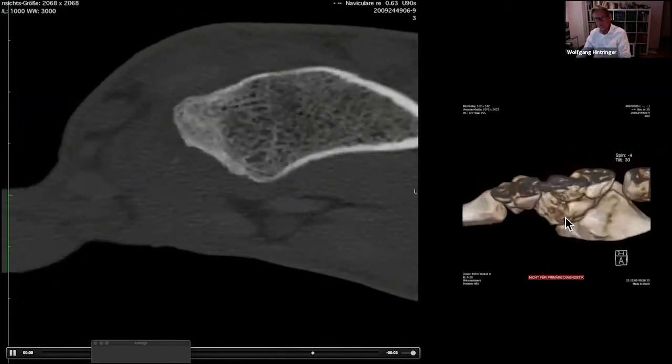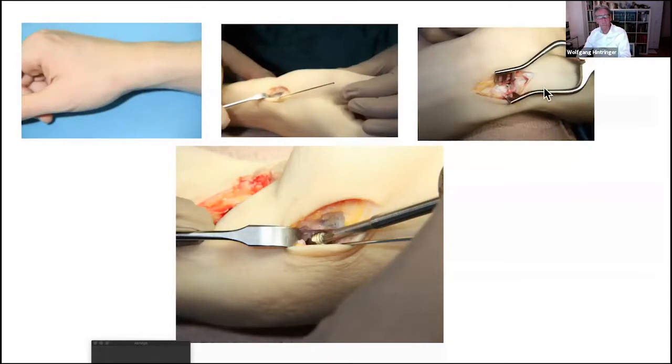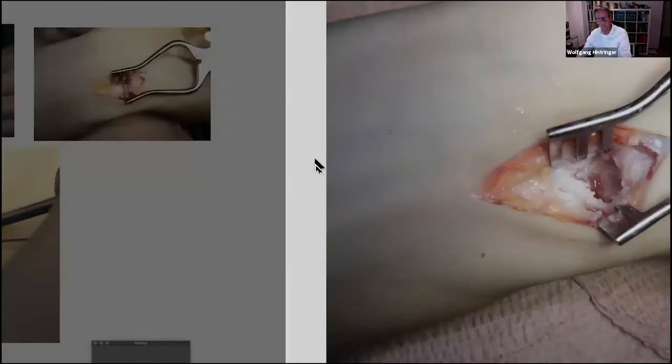You can see a 3-dimensional view, and sometimes it's a little bit tricky to get out these screws. You see here in the non-union the screw shining out, and then you have to detect on the X-ray intensifier the head of the screw, put in a K-wire and take it out. This can take sometimes an hour or more.